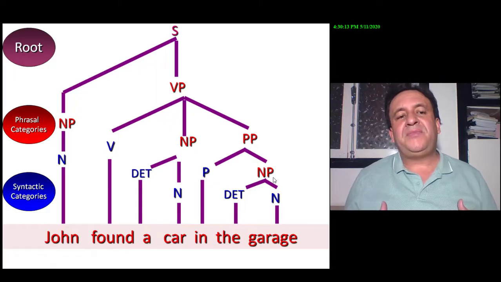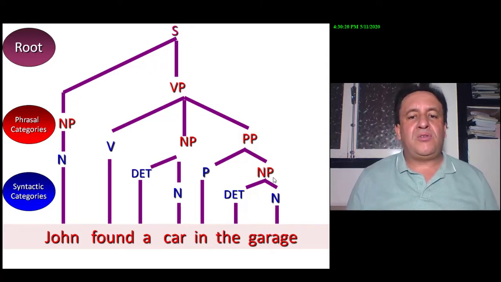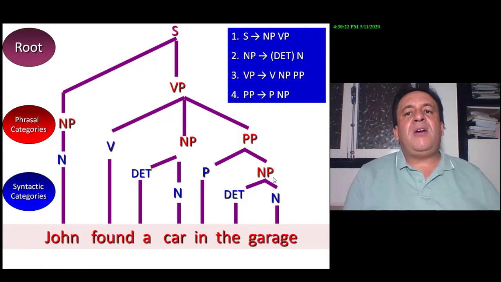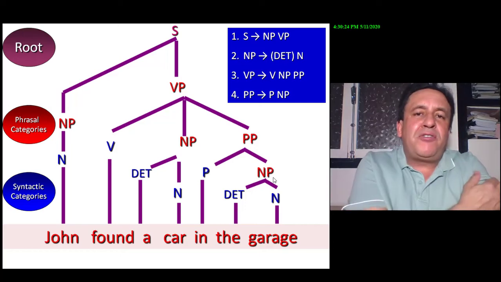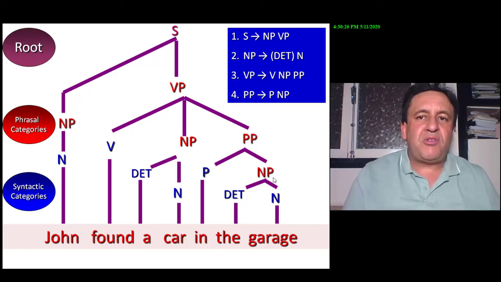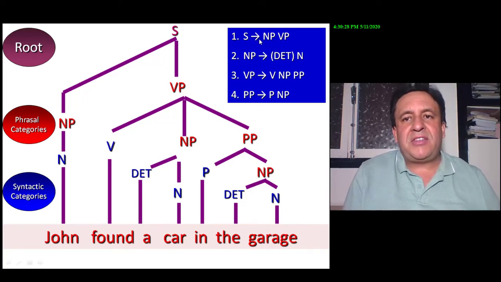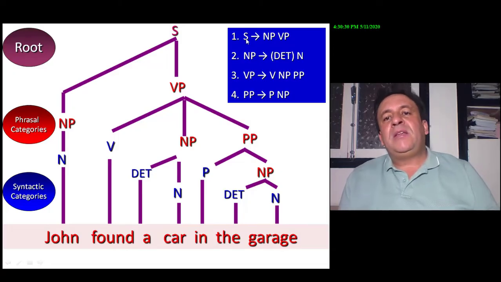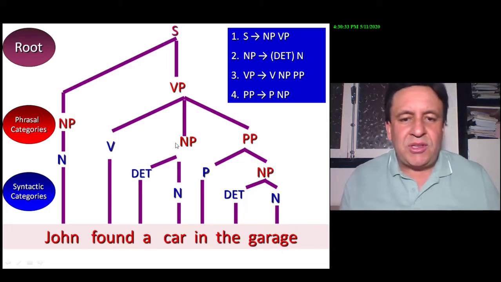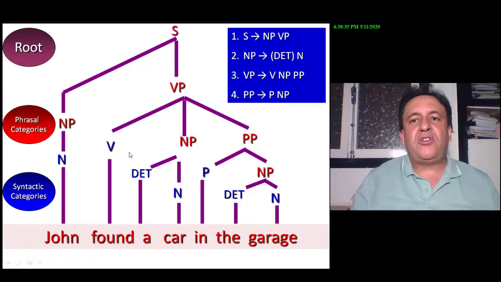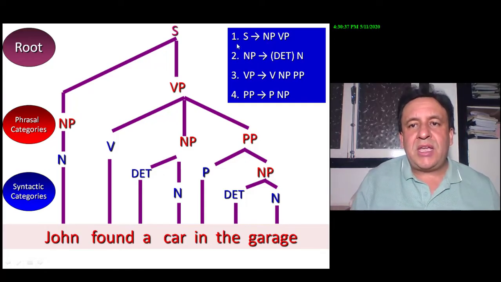We have already discussed this, and how all of those phrases come together in this network that we call the sentence. Now, another way of representing this tree diagram is by using rules, using arrows like these. For example, this tree diagram can be reanalyzed in terms of some rules.